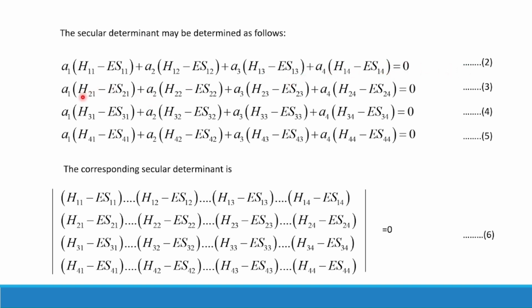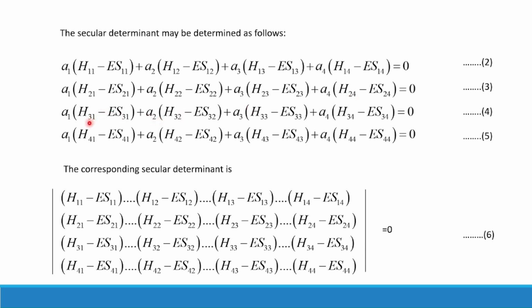Now for the second orbital, H21 means 2 represents the orbital and 1 represents the carbon atom. So second orbital and first carbon atom, again second orbital and second carbon atom, likewise second orbital and third carbon atom, and similarly second orbital and fourth carbon atom.